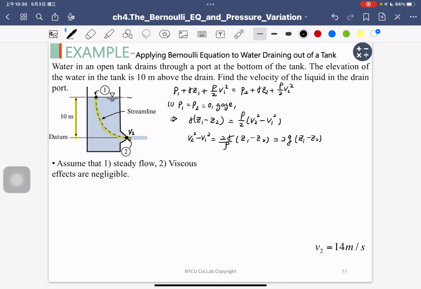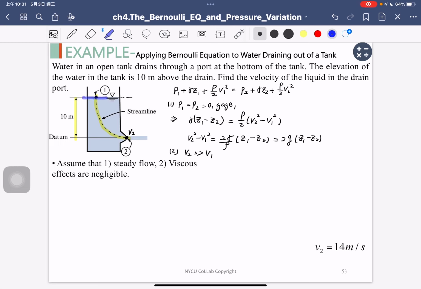But in this question, we don't know the V1 velocity, and we don't know the relationship between V1 and V2. So how can we find the V2 velocity? The second assumption is that V2 is much higher than V1, because of the different cross-section areas.